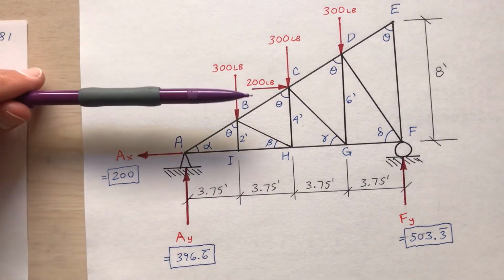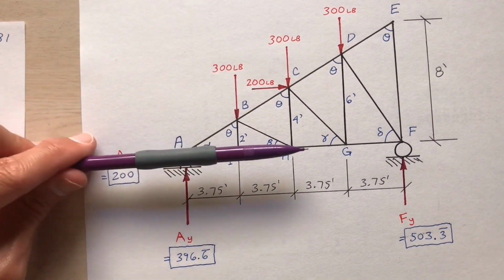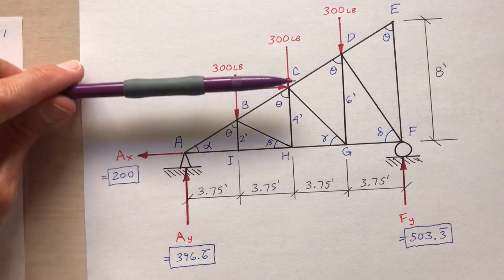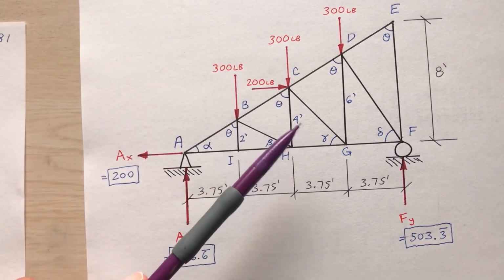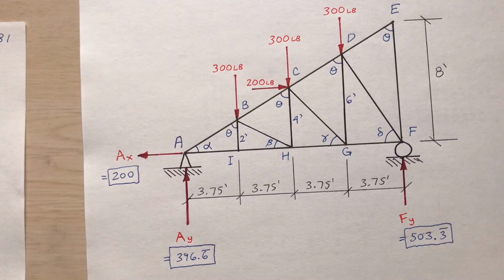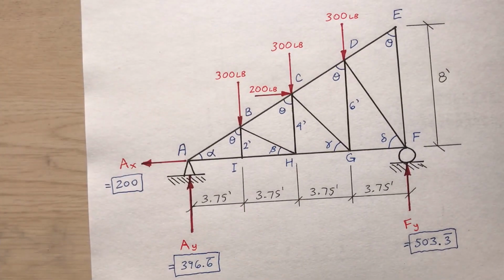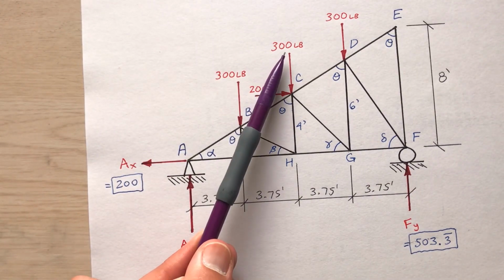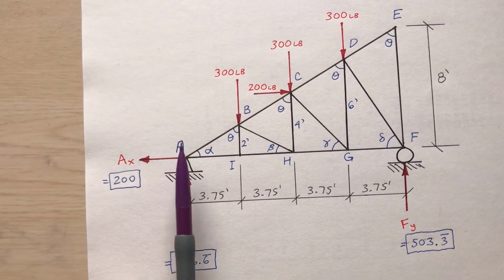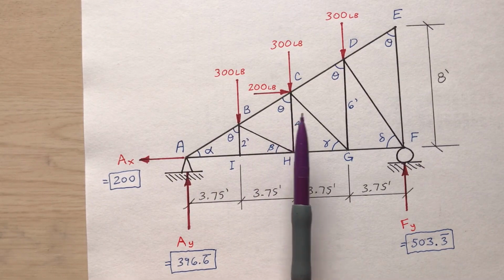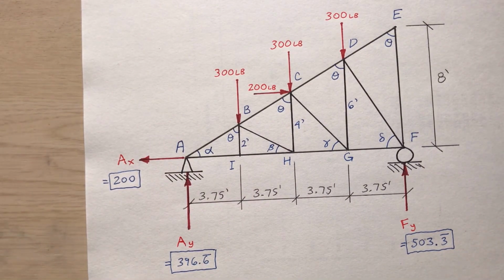The moment arm is 4 because here's A. The perpendicular distance between A and the line of action of 200 pounds is 4 feet. I've got it labeled here on the drawing. Minus 300 times 7.5. That must be this 300 pounds. 7.5 is from here to here. 3.75 times 2.